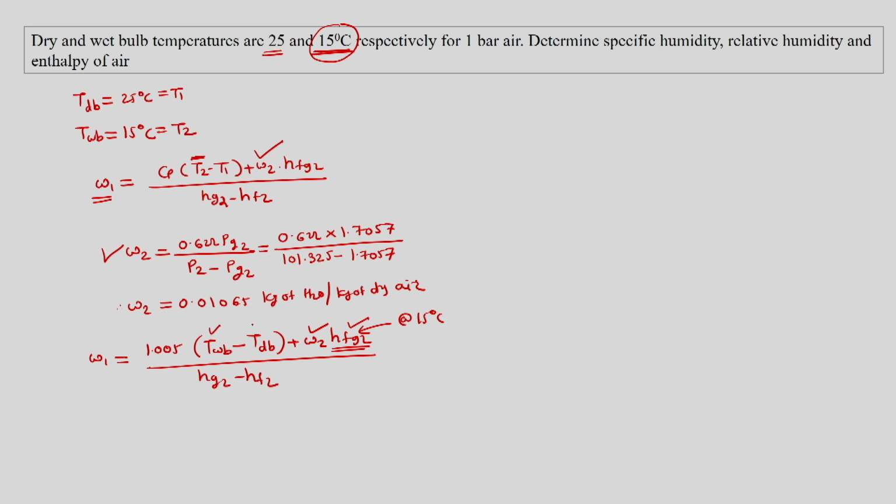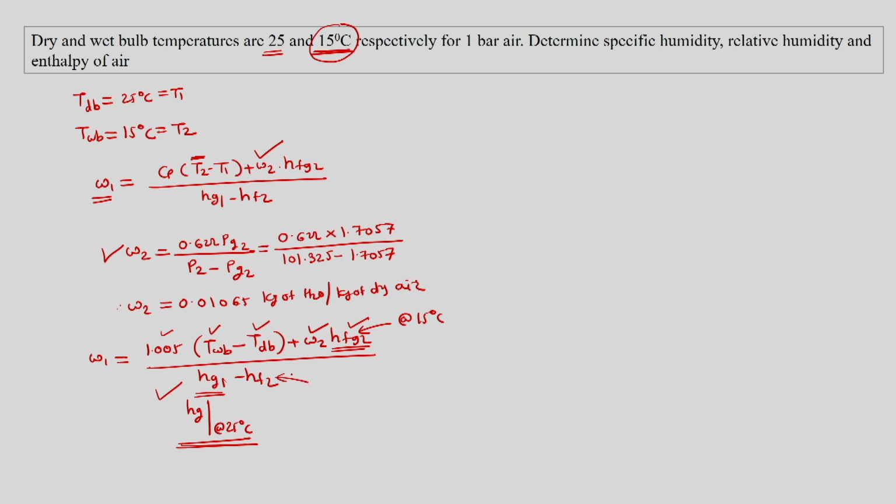This is known T1, this is T2, this term is known, and then this term is Hg1, which is Hg at 25 degree Celsius, the vapor saturation enthalpy at 25 degree Celsius. This can be found out from the steam table.